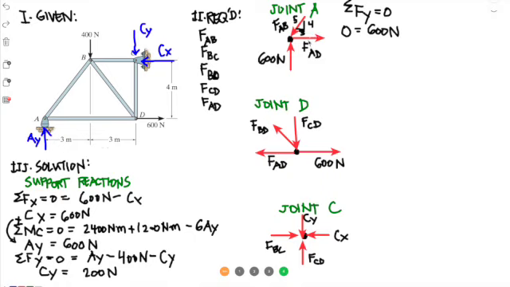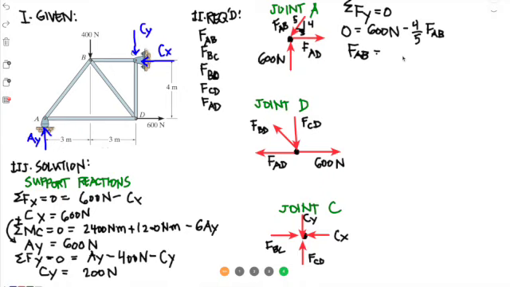So 0 equals 600 Newtons going up, and we need to determine what this angle is. This is actually a 3-4-5 triangle, as you can see here. So we can use that ratio to compute the component of FAB in the Y direction. That would be minus 4/5 of FAB, which means that FAB would just be equal to 5 times 600 divided by 4.